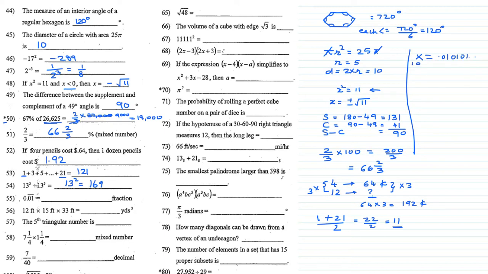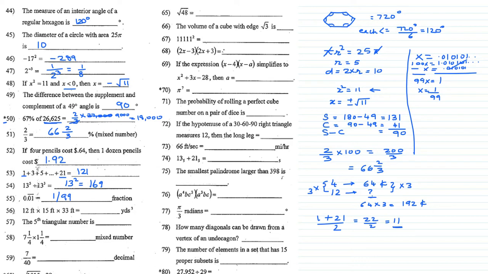So 100x is equal to 1.01, 01, 01 and so forth. So if I subtract x from this, I can get rid of the recurring numbers. So on the left side I get 99x, and on the right side I get 1. So x is equal to 1 over 99 in fraction format. So this will be 1 over 99.